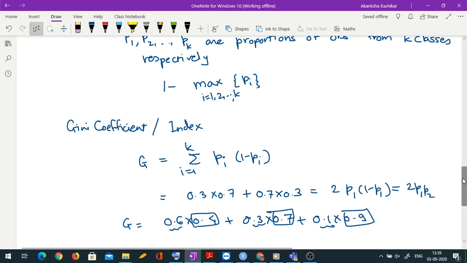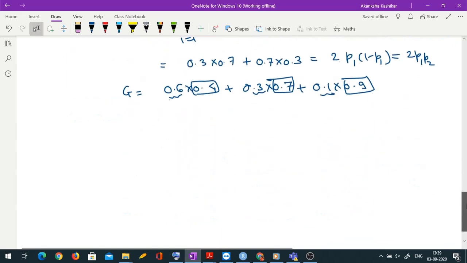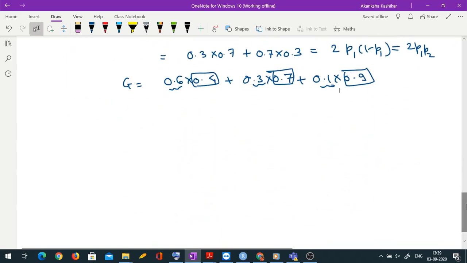Now, when would Gini be maximum in general? When is the quantity p into 1 minus p largest? You have seen this probably in the case of Bernoulli, because p into 1 minus p is the variance of a Bernoulli. So when is the variance largest? When p is half, right?